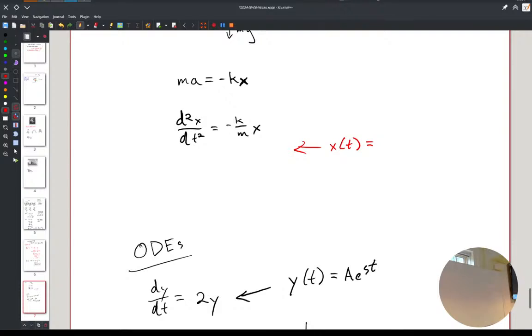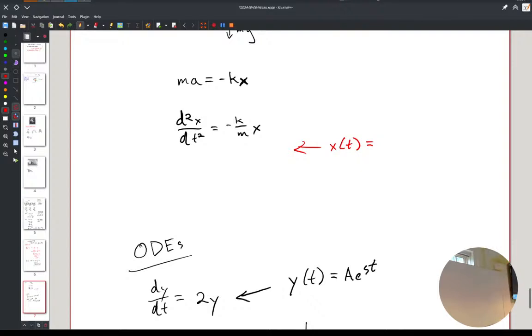Sine of something over 2. Sine of t over 2. Okay. I'm just peeking at what people are working on too. Sorry?